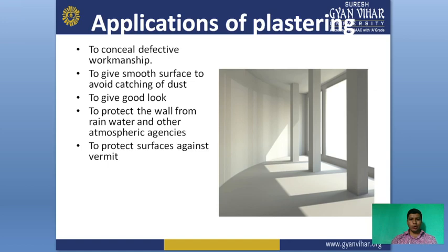It gives a very good look. It also protects the wall from rain, water or any other atmospheric agencies, and it also protects our wall from fungi and other particles which are present in the climate or in our atmosphere.